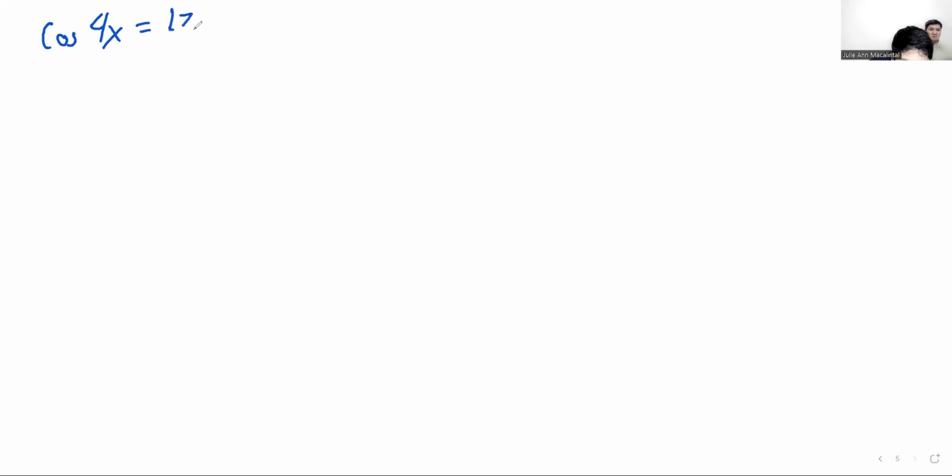Cosine 4x, 17 over 32, is equal to 2 cos squared 2x minus 1.